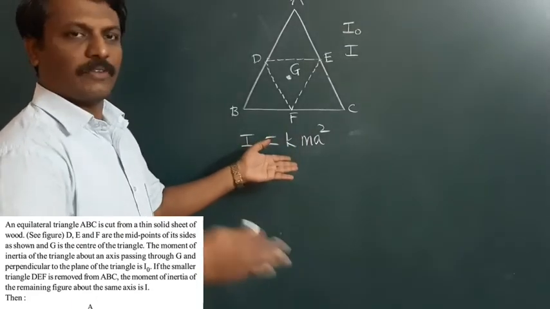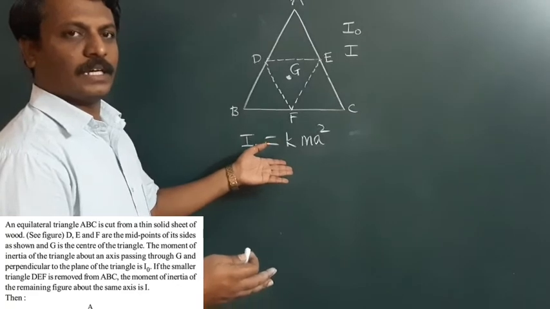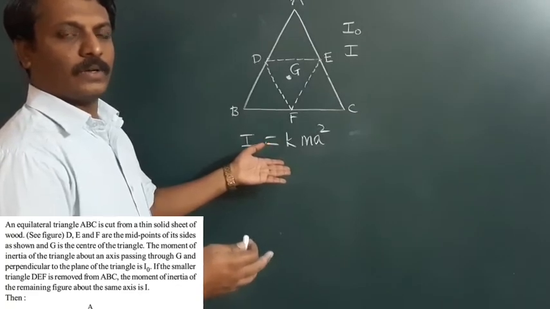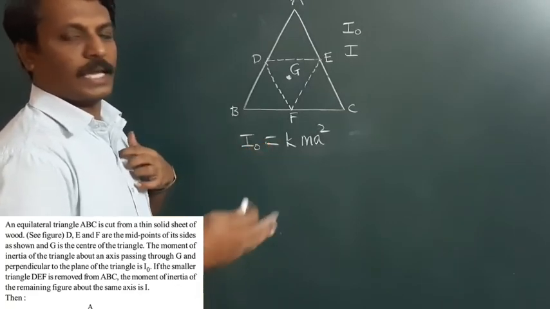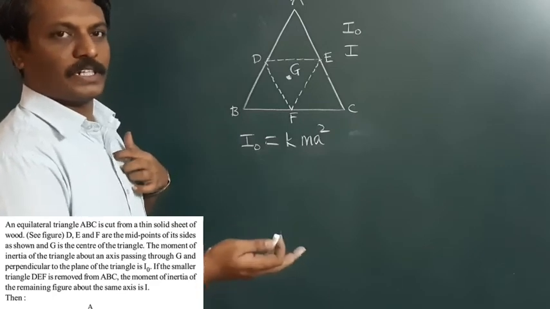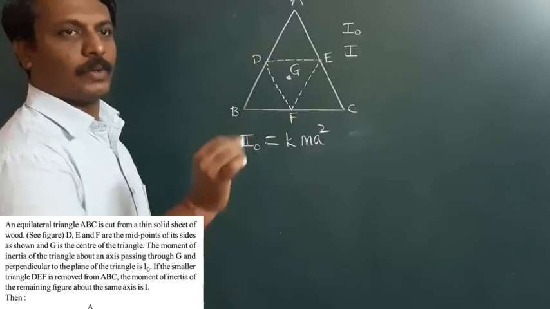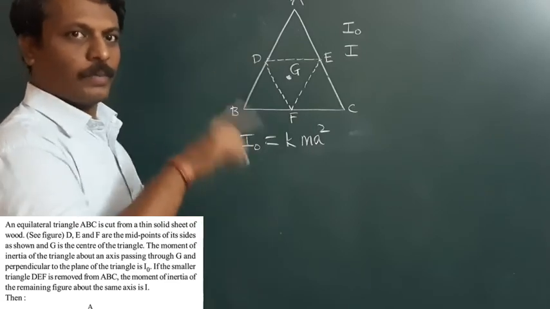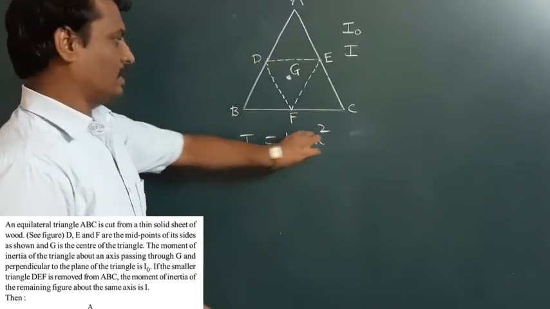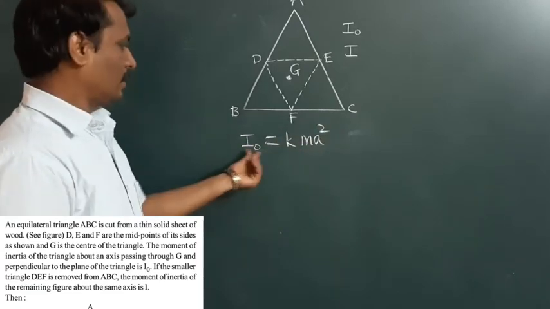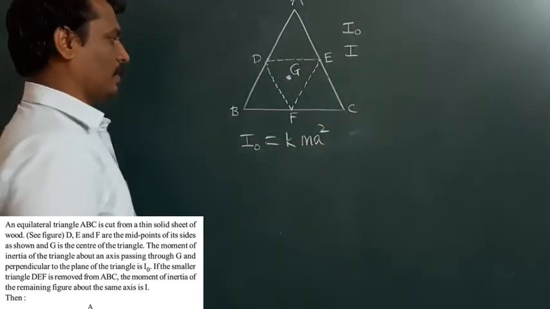You know that the general form of moment of inertia is K mr square. For example, the moment of inertia of a solid sphere about its diameter is 2 by 5 mr square. Here 2 by 5 is K. So some constant into m a square. So I have written K m a square.